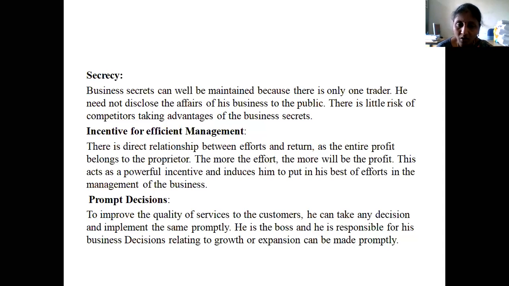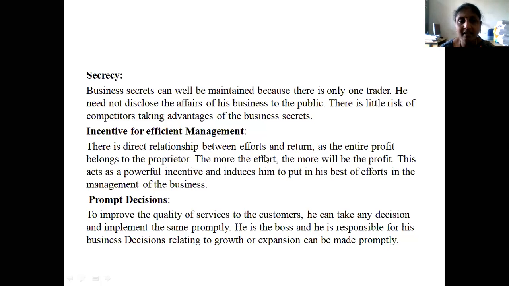If I put in a lot of effort and the returns I get are more, that means effort is directly related to returns. If I do more hard work, I will get more returns. As the entire profit belongs to the proprietor, because the owner is only a single person, whatever profits I earn from that business belong to that single proprietor only.